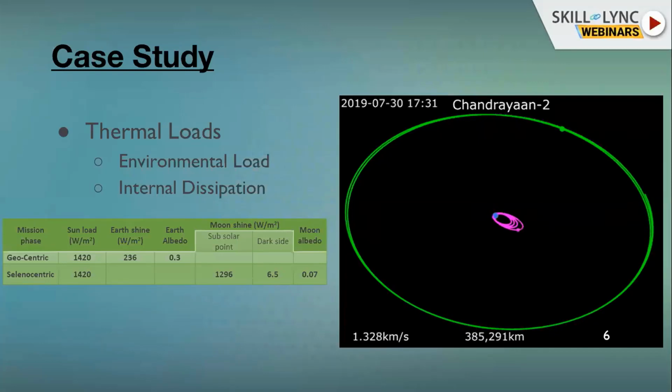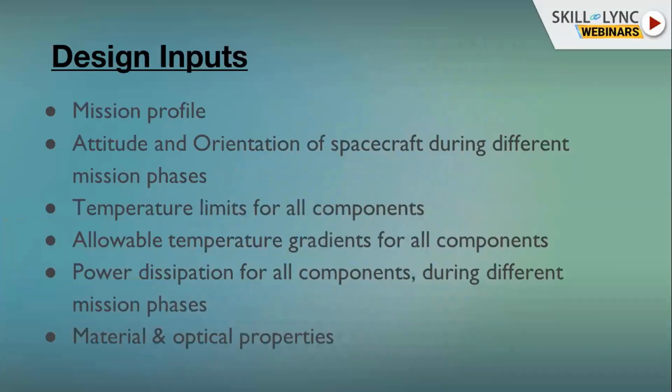We know that there are Earth orbits, then a lunar transfer trajectory, and after the spacecraft reaches the sphere of influence of the moon, it gets pulled by the gravity of the moon, and then there will be orbits around the moon. So this is the mission profile. At these different orbits, there are different environmental conditions which need to be analyzed as a mission input.